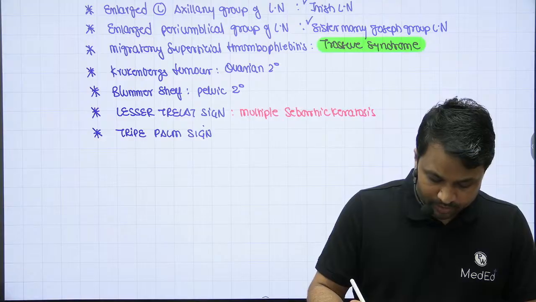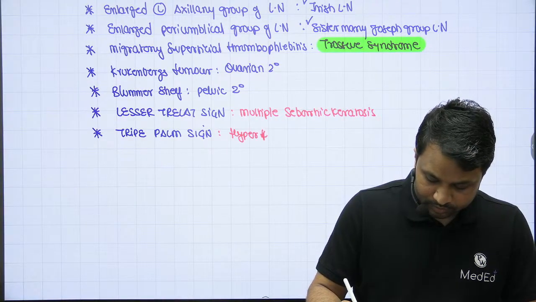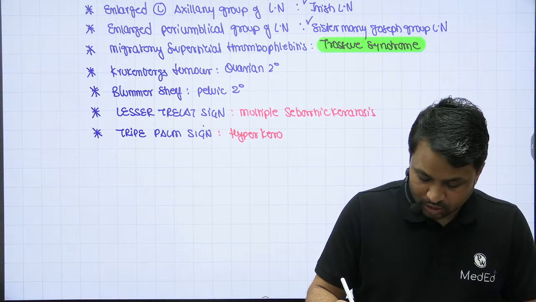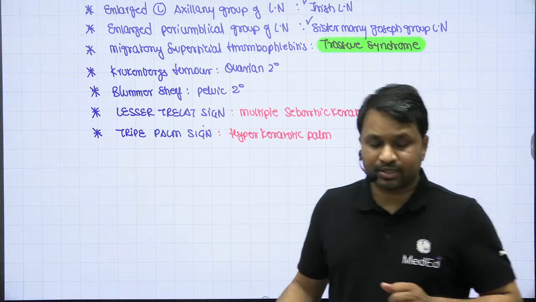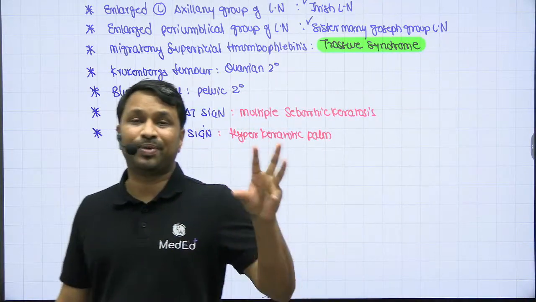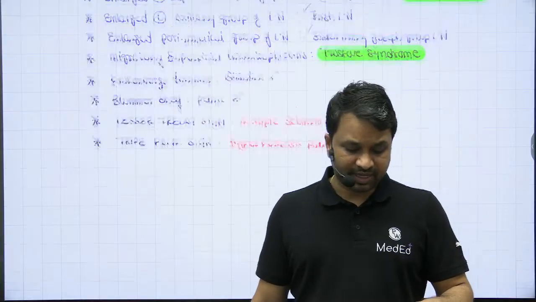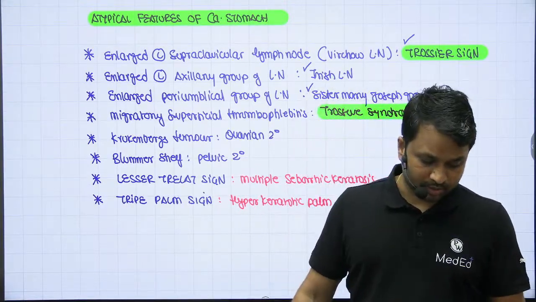And your tripe palm sign is nothing but hyperkeratotic palm. Now remember, in Leser-Trélat sign, with multiple seborrheic keratosis, you will have skin patches. In tripe palm sign, you will have scaly palms. So these are the atypical features of the carcinoma stomach, right?